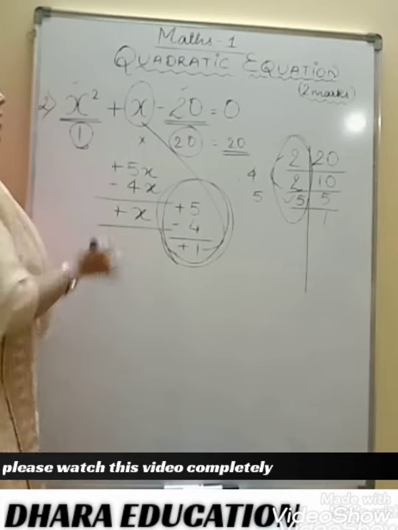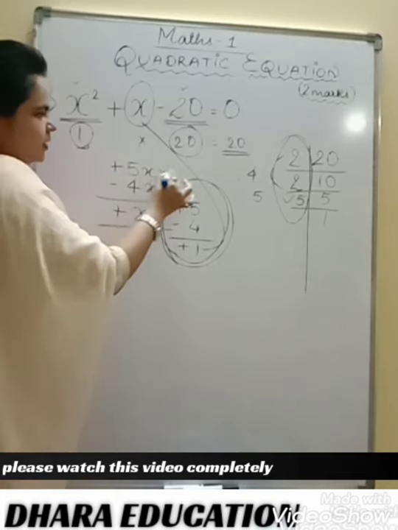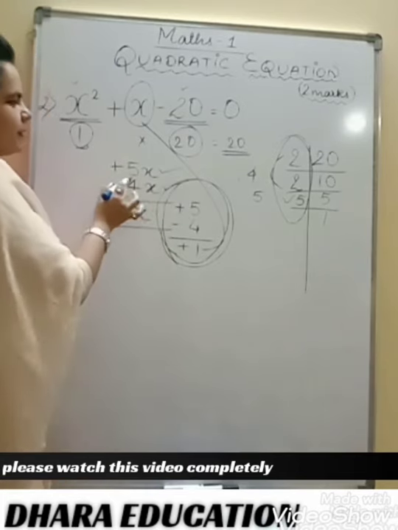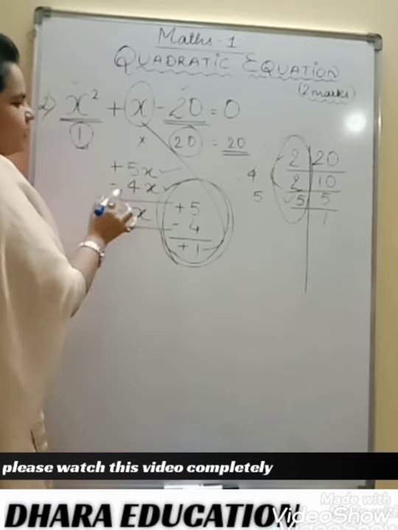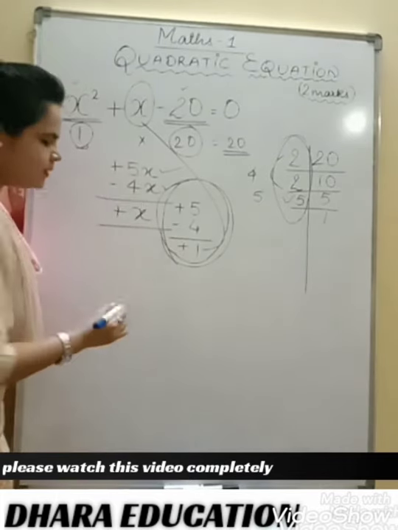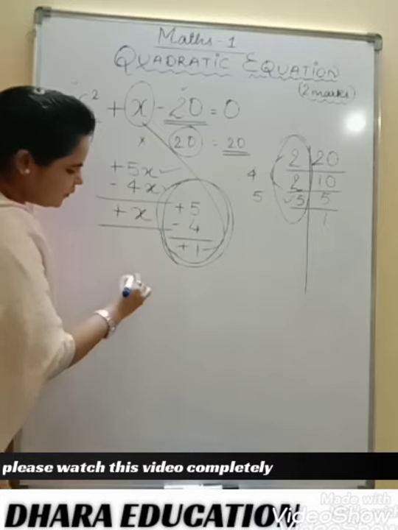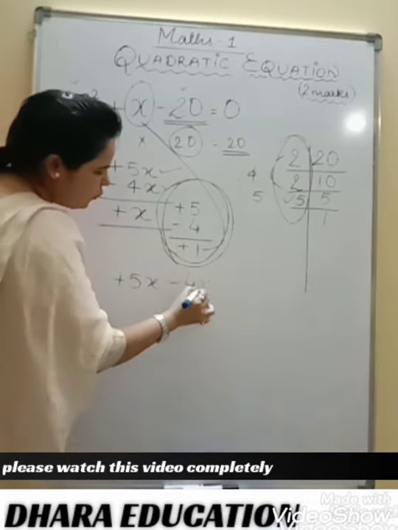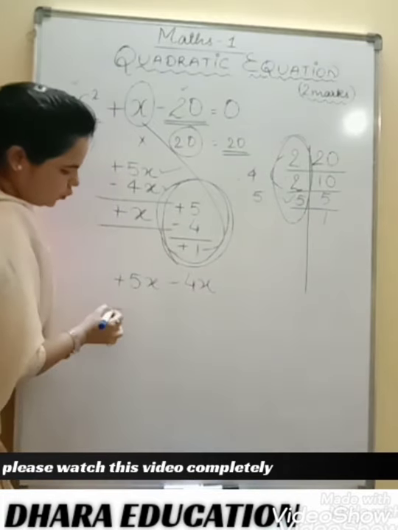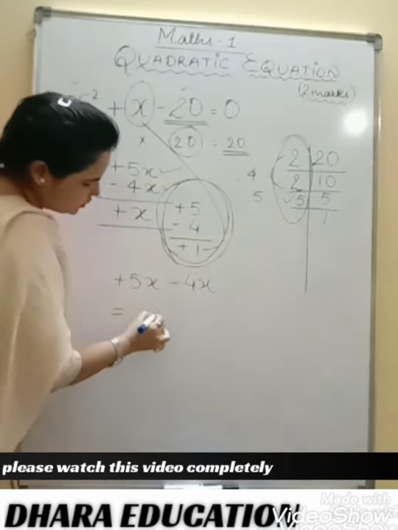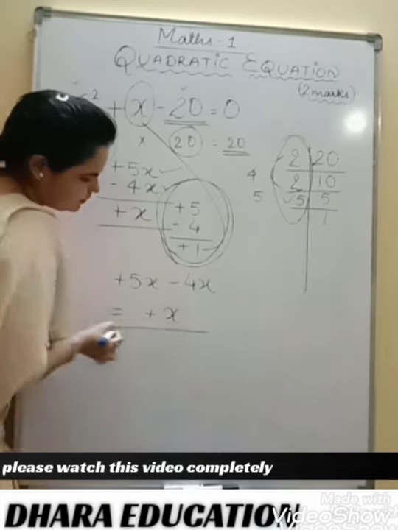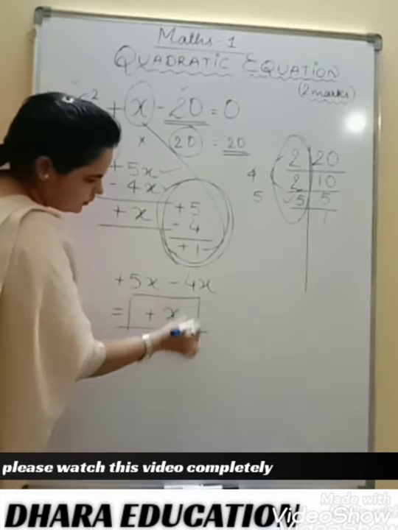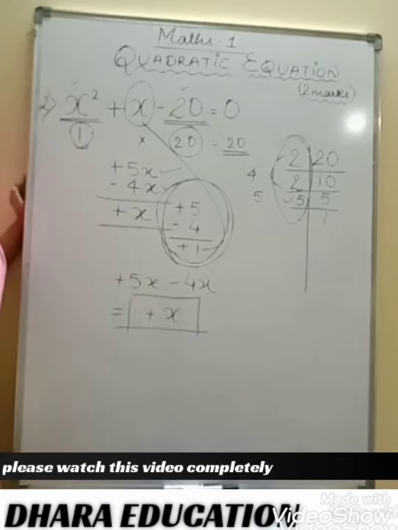Henceforth we have to take these two things, plus 5x and minus 4x. It means plus 5x and minus 4x, and you will get positive x. Am I clear on this point?